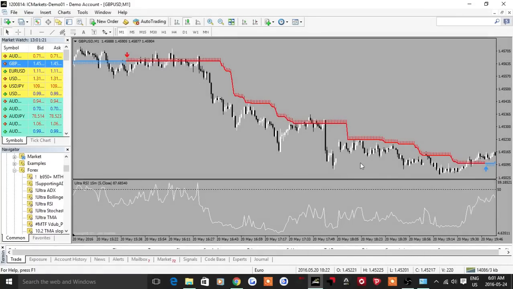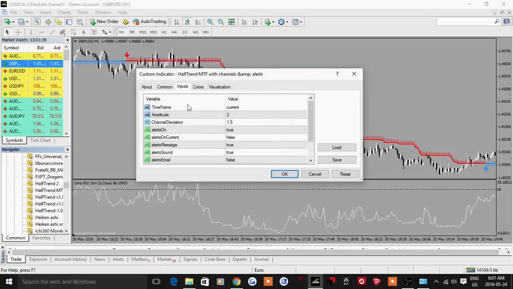Now the next thing I want to show you, a better version of half trend, which will give you a better stop loss or trailing stop levels. So let's see. Right here.